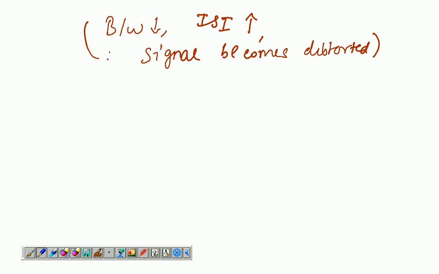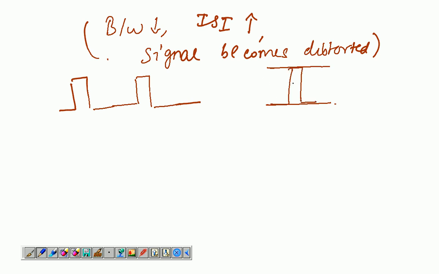So in case of perfect, no constraints of bandwidth and no intersymbol interference, this would be the perfect signal. And when you observe this signal on the CRO, the oscilloscope, you get something like this. If we just zoom into the CRO, it's just going to be two straight lines, right?